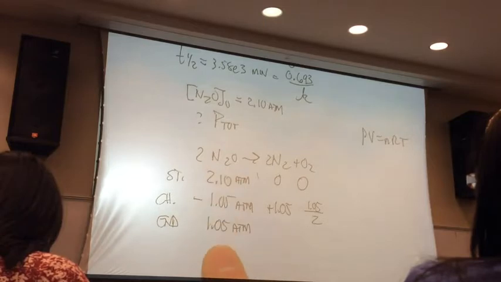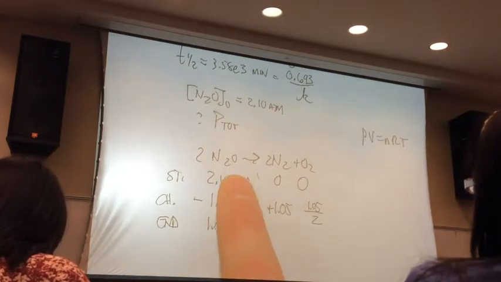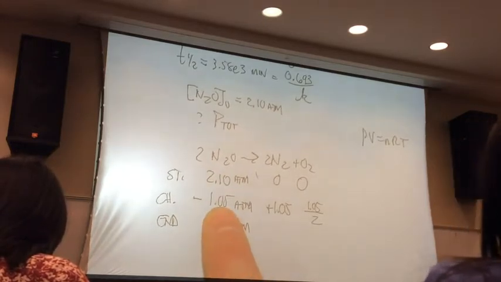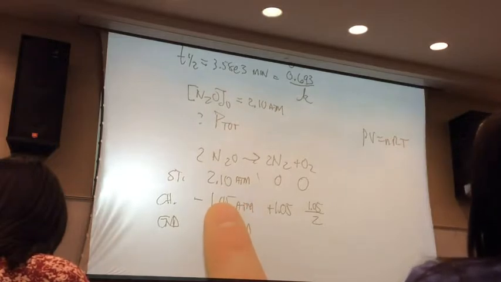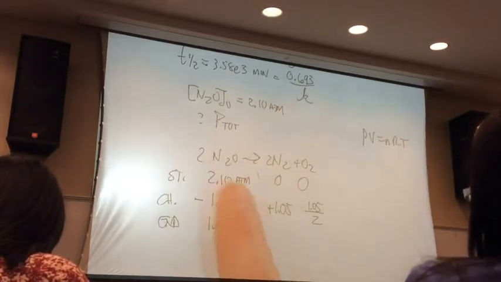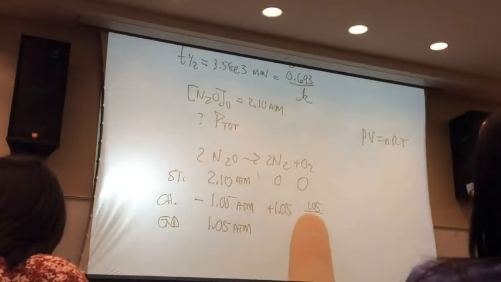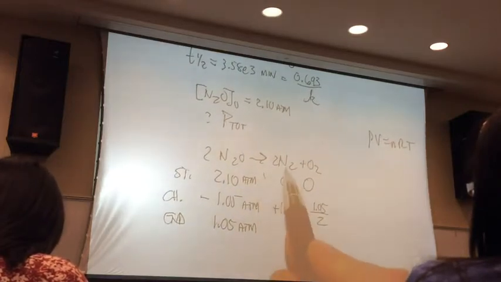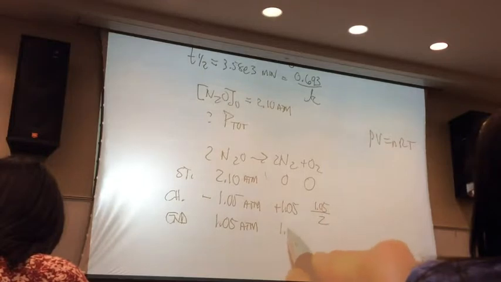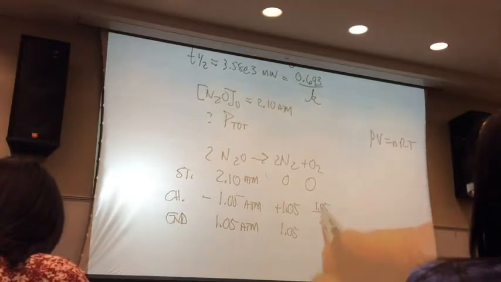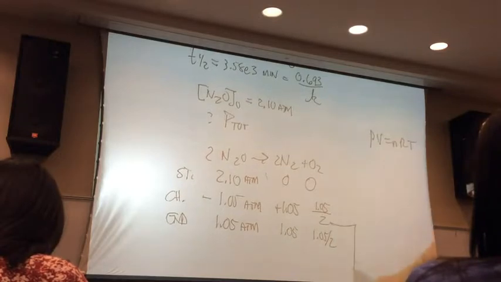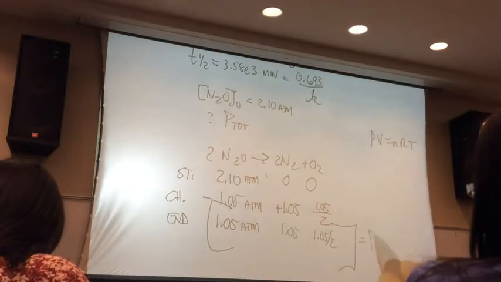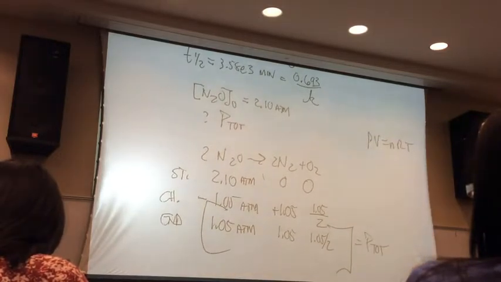So the final amount of N2 is 0 plus 1.05, and the amount of O2 is 1.05 divided by 2. Those added together give the total pressure.